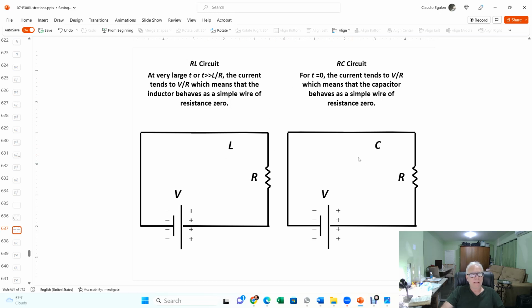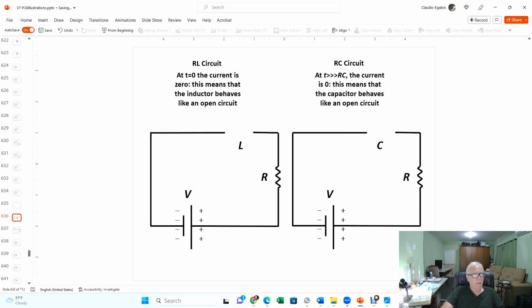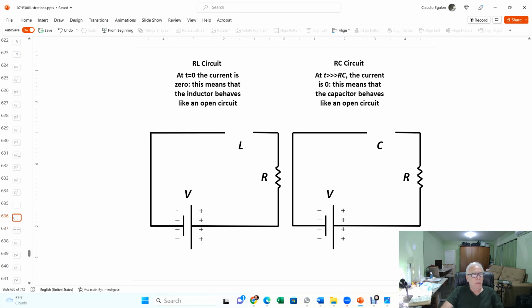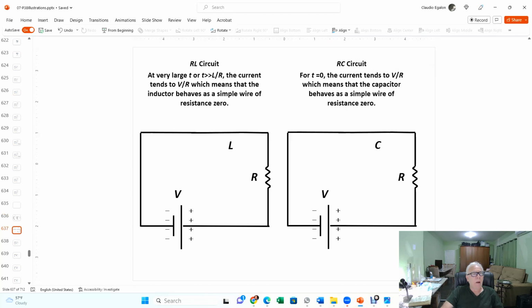So what does it mean when we have this type of behavior? One does one thing at time t equal to 0, whereas the other does something else at time t equal to 0. One does one thing at very large amounts of time, while the other device does something else.